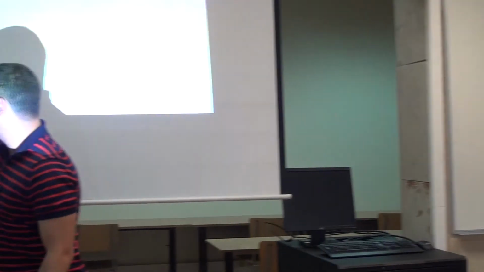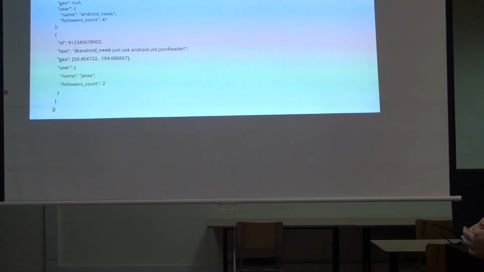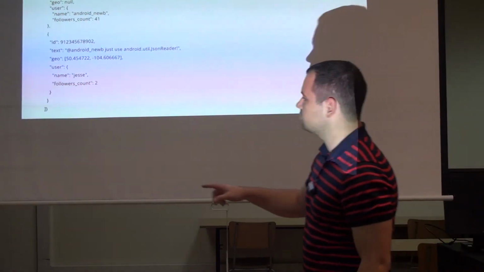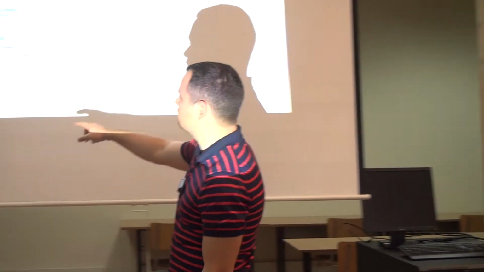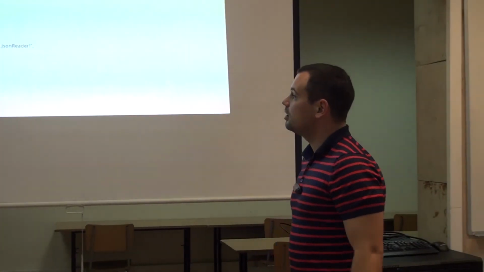So this is with the square brackets. Curly. No, I'm talking about the square ones. Yeah. With the square ones, you show that you have a list. Like here, you have a list of some kind of geodata. With the curly ones, you show you have an object.